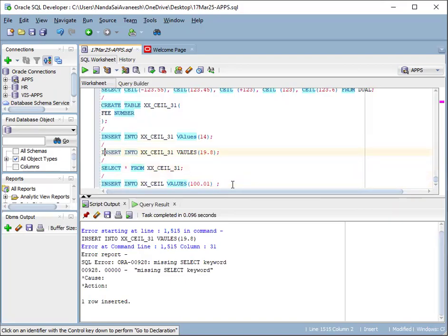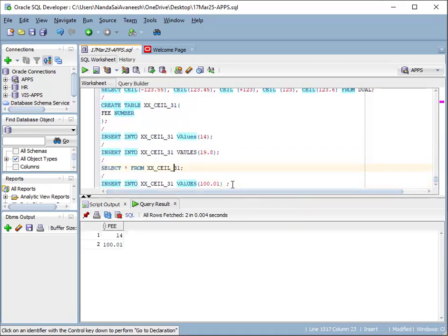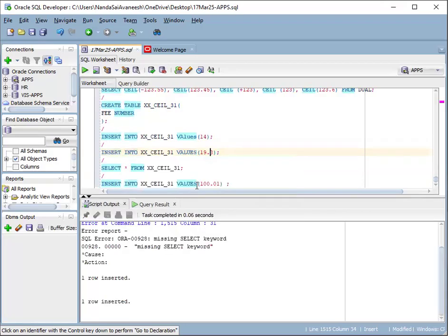This code is not going to insert. Insert into, right order.